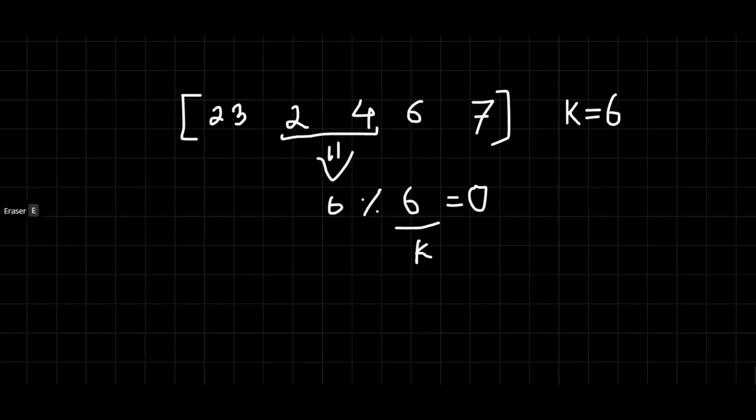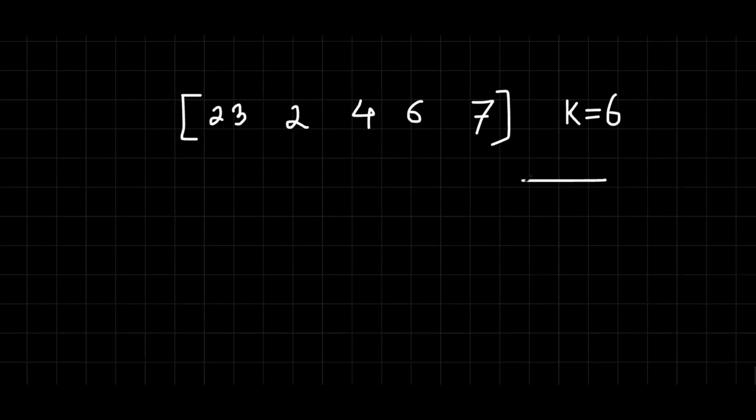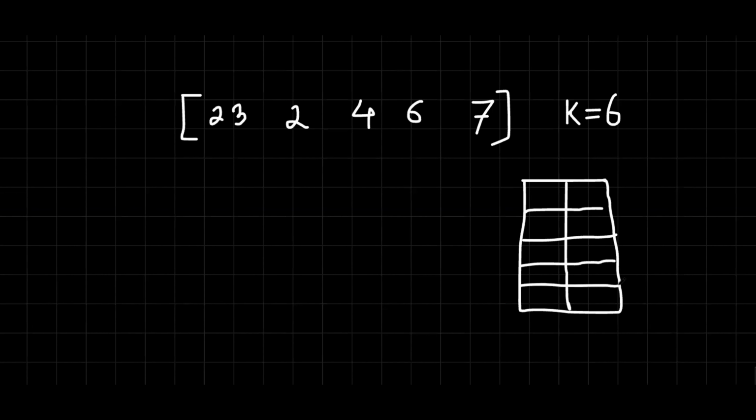Now let us try to understand how we can solve this problem by using some standard algorithm. So here, let's take a map data structure. We have to calculate the prefix sum and perform the modulus operation with k.